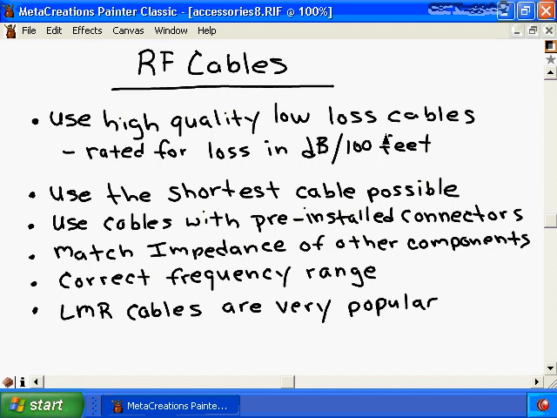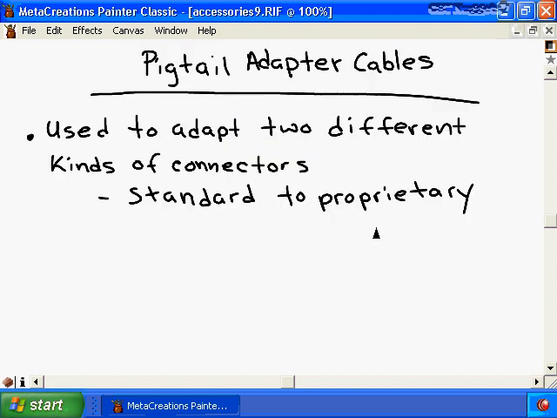Let's bring up another whiteboard and take a look at what's referred to as a pigtail adapter cable. Now, in a nutshell, a pigtail cable is used to adapt two different kinds of connectors. So, for example, we might have one connector on the pigtail cable that's a standard connector, and the other one is a proprietary connector.